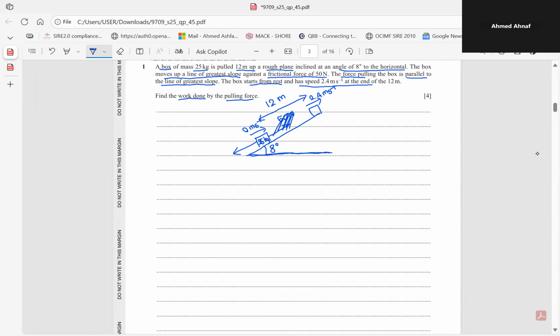This is the frictional force, 50 newtons, and this is the pulling force T. Actually, we don't have to find the pulling force. So let's calculate the initial energy.